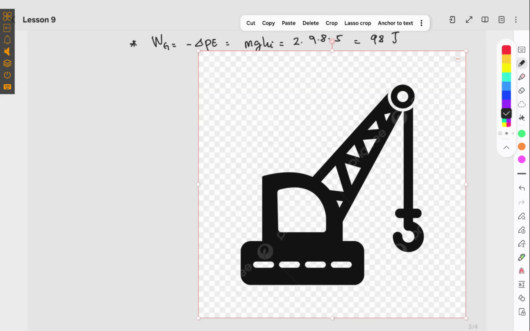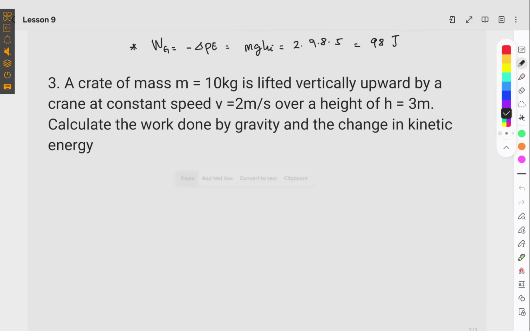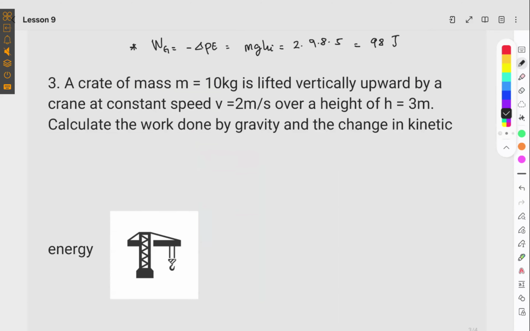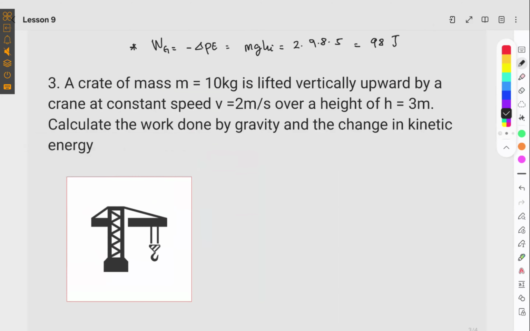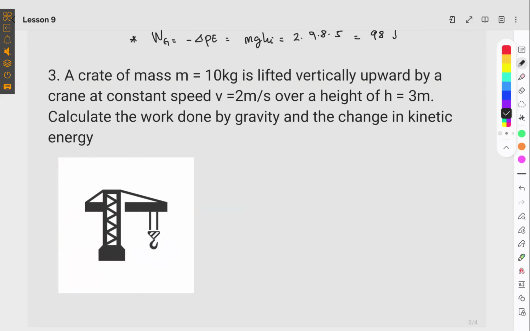Okay, so very good. Just imagine this is a crane that lifts up the mass of an object.